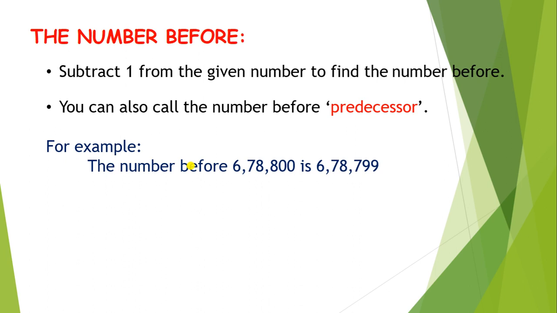For example, the number before 6,78,800 is 6,78,799. How to find this? We need to subtract 1 from 6,78,800. After subtracting 1, we will get the answer 6,78,799.